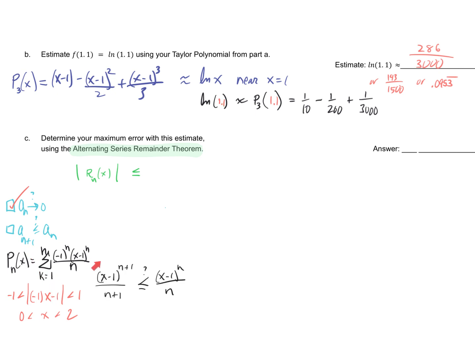We want to know if any term is smaller than or equal to the preceding term. This is true whenever x is less than or equal to, we add 1 to both sides, 2 plus 1 over n. So as long as x is smaller than or equal to 2, that is within our interval of convergence, this will be a true statement. We can check that box.